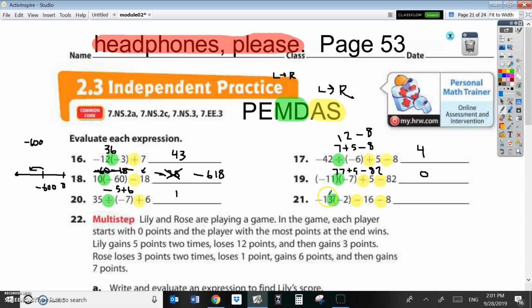Multiply here first. Negative times a negative is a positive. 26 minus 16 minus 8. So combine those negatives. So you get 26 minus 24 equals 2.